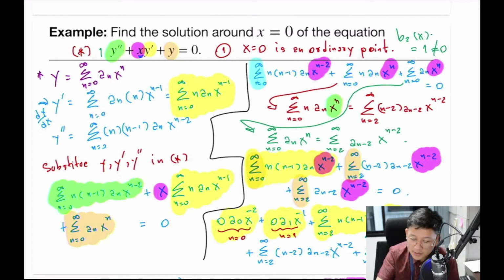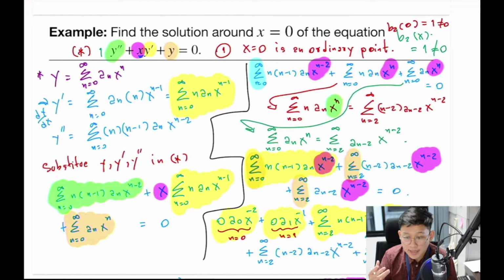That can be done by observing that b2(x) is 1, which is not 0. It means that any point is an ordinary point, right? Or if you want to be more specific, you can look at b2(0), and that is 1, which is not 0.